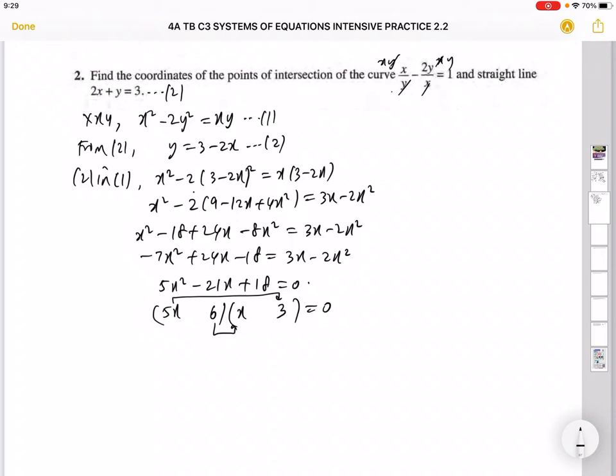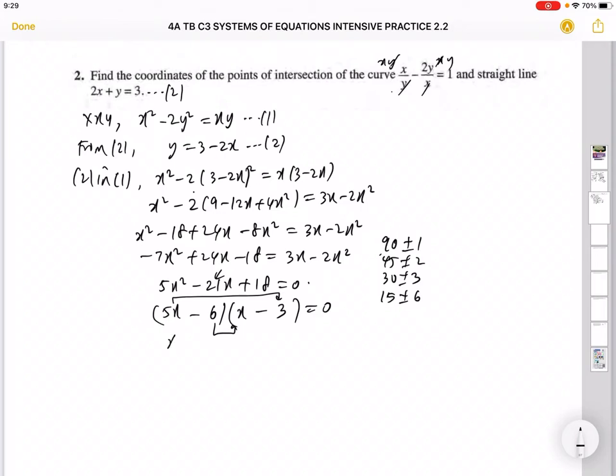Yeah, what I'm saying is 5 times 18 is 90. The combinations will be 90 and 1, 45 and 2, 30 and 3. That's very long, right, if you work out one by one. So I'm just going to use 15 and 6, because 15 plus 6 gives us 21 here. So both should be minus 15 minus 6, which is minus 21.